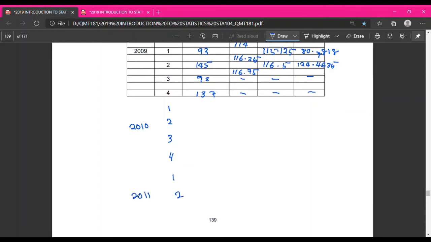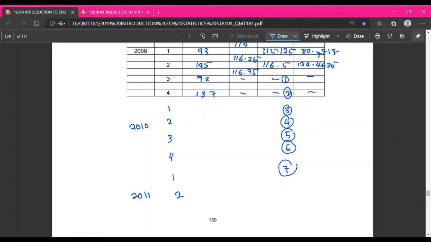So last trendnya di sini. So di sini 1, 2, 3. Dekat sini 3, 4, 5, 6, 7 sehingga the first quarter 2011. So the increment is 7.